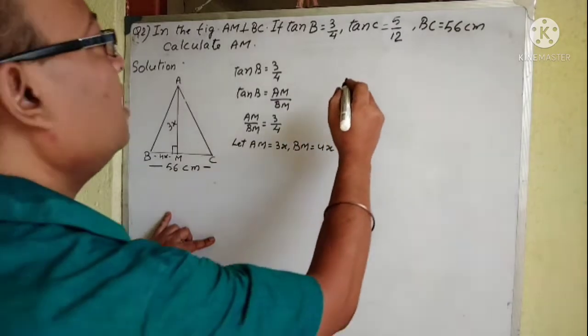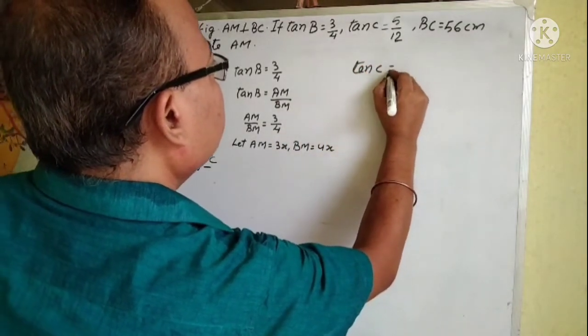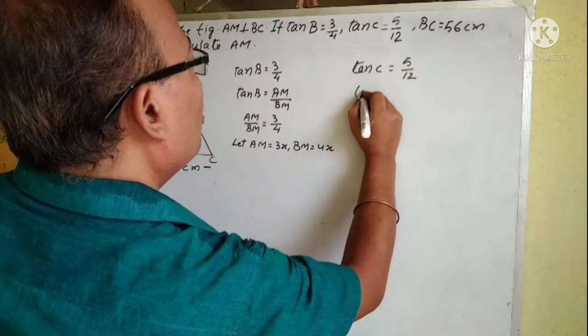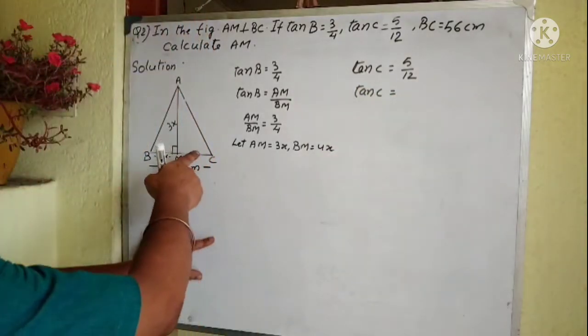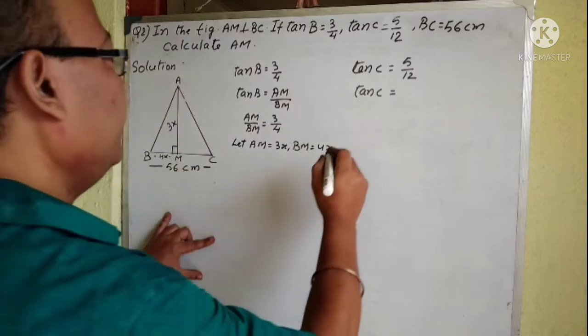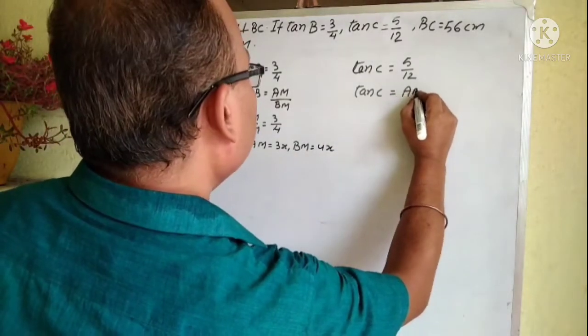Okay, now again what is given? Tan C is equal to 5 by 12. So tan C is AM by MC, height by base.